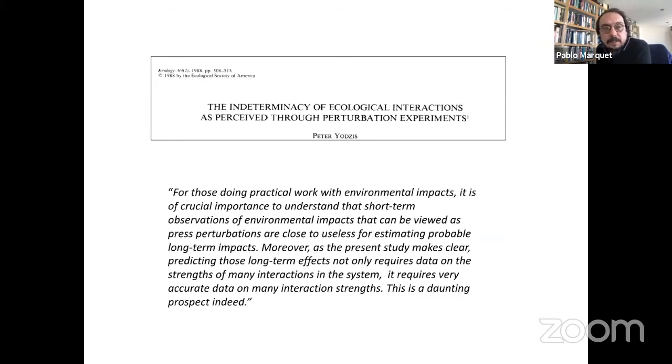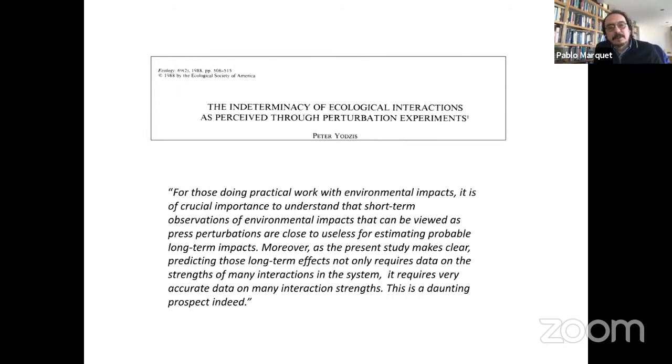So what is actually happening was predicted a long time ago. Back in 1988, Peter Yodzis, a famous theoretical ecologist, wrote a paper saying there is some indeterminacy of ecological interactions. And he was completely right.